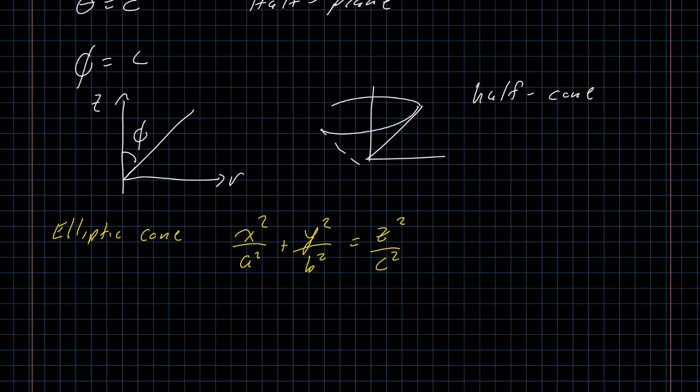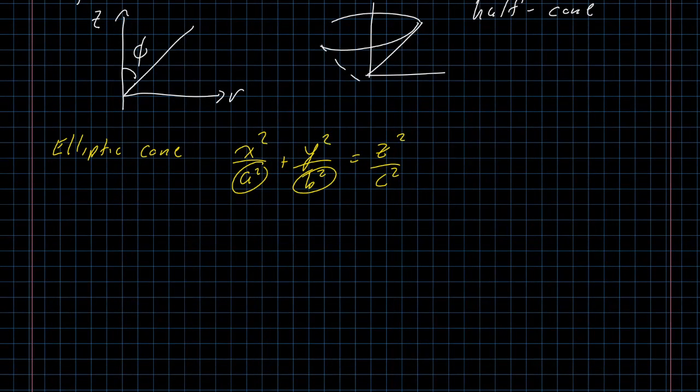In order to make this, instead of an elliptic cone, a circular cone, it turns out that a and b have to be the same thing. So we can actually just rewrite this: x squared plus y squared equals some k times z squared. And that value of k will pick how steep the cone is, but it's going to give us the cone with the circular cross section.